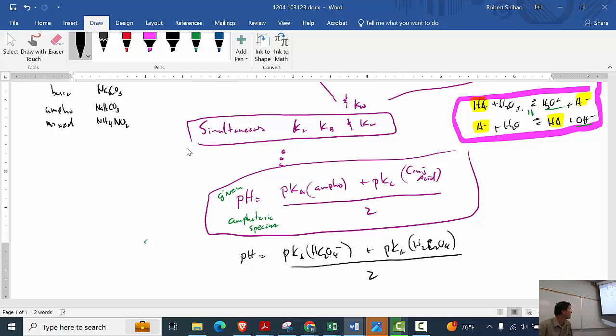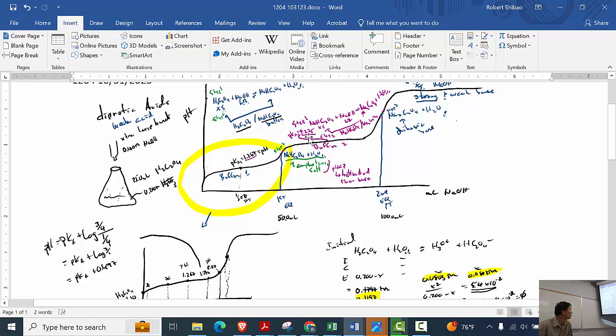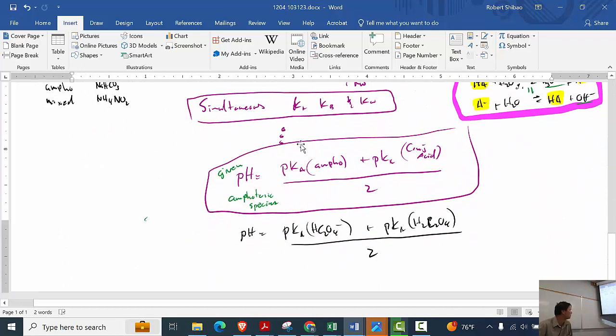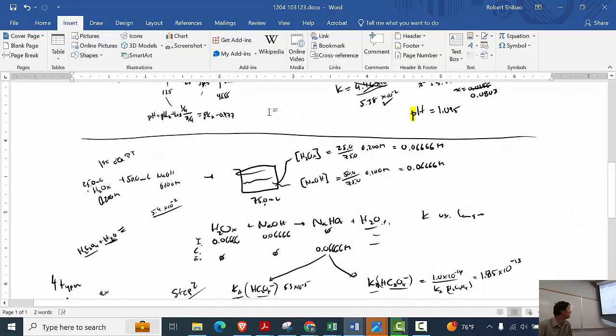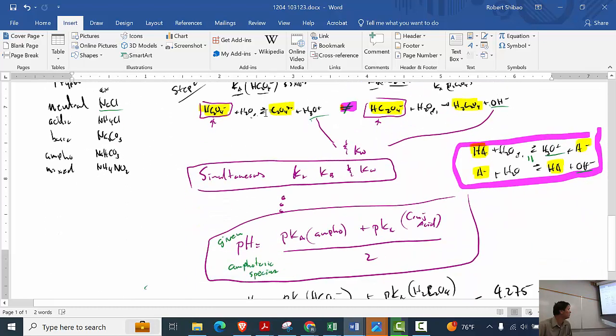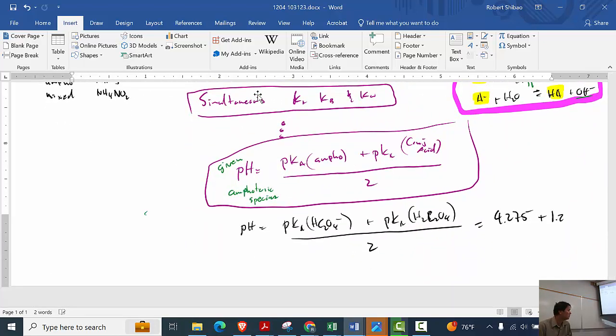So I have those numbers that we had calculated earlier: 4.275 plus the pKa for oxalic acid, which was 1.267, divided by 2. So what does that come out to? 2.771.